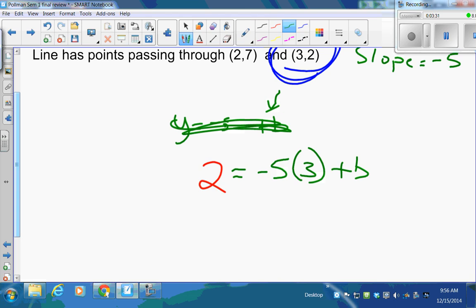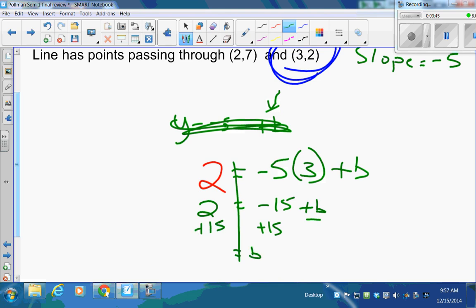Negative 5 times 3 is negative 15, plus b equals 2. My goal is to get b by itself, so I have to do the opposite of minus 15, which is plus 15. Plus 15, b equals 17. So I know my slope is negative 5. I know my y-intercept is 17.